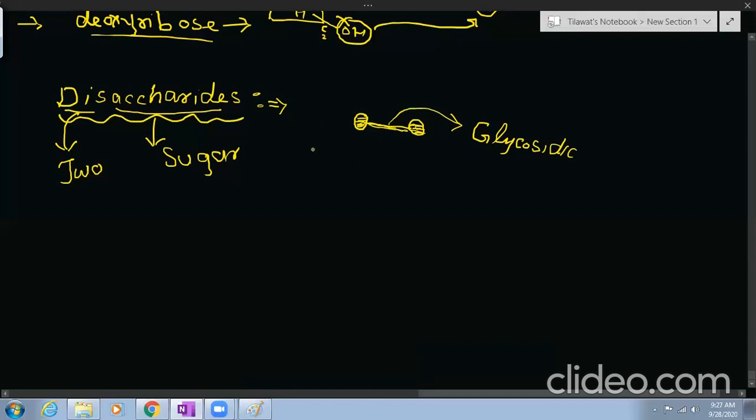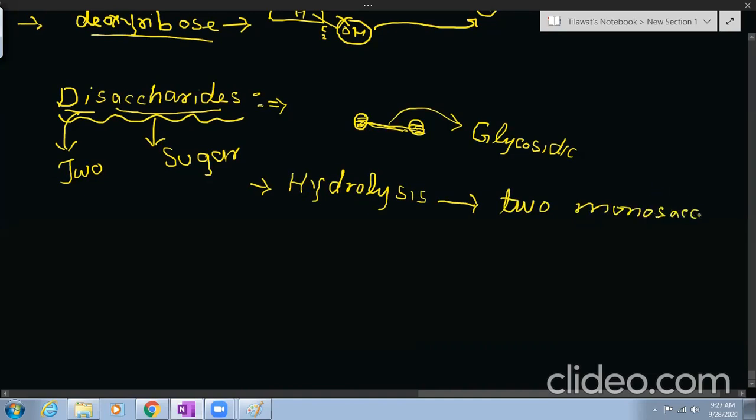Now, it means that if I do hydrolysis of this disaccharide, it will give me two subunits, two monosaccharides. How?